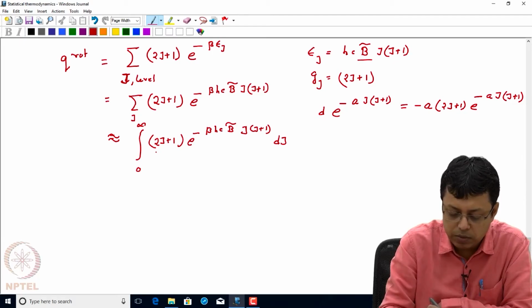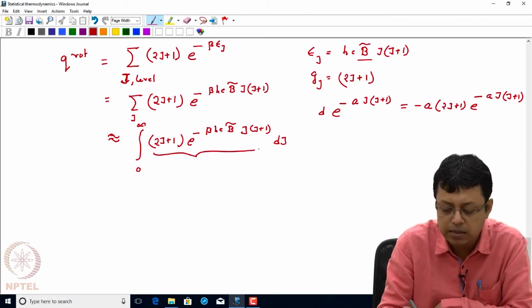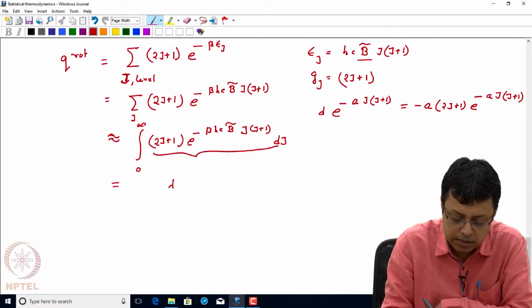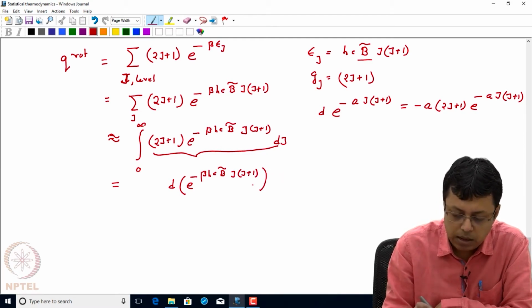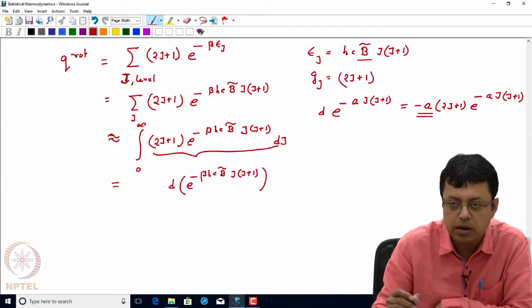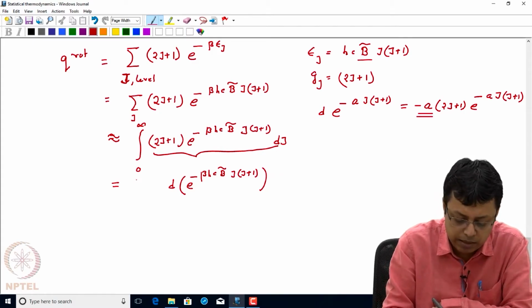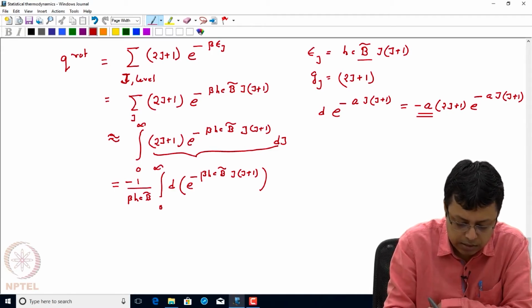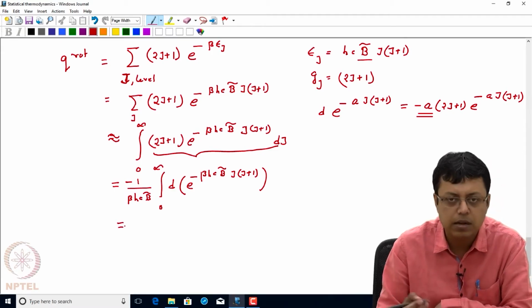So you see that we can make use of that fact and write the entire thing as a differential of e to the power minus beta hc B tilde J(J+1). But then we have an extra constant, minus a, so we have to divide by minus beta hc B tilde, and then this integral. Now this is a very straightforward integral.